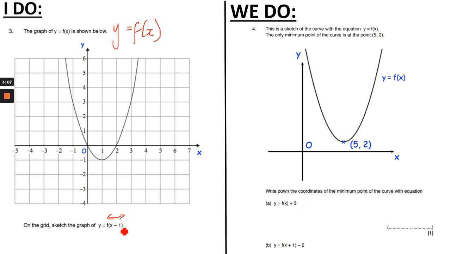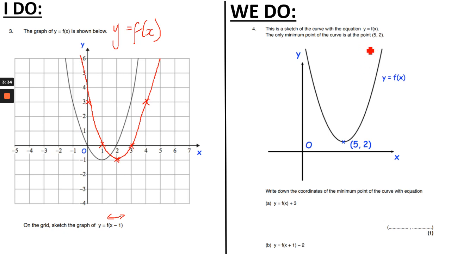So minus 1, you'd expect that to be going 1 left, but actually it goes 1 right. All of these points just move 1 to the right. So you can just pick some points where it goes through a corner and you're just moving them 1 across. So then when you've got your quadratic and you sketch it like so, you're just moving the graph 1 to the right.